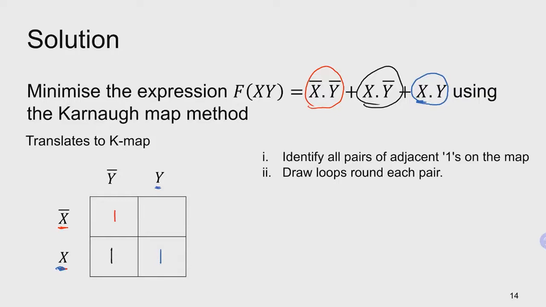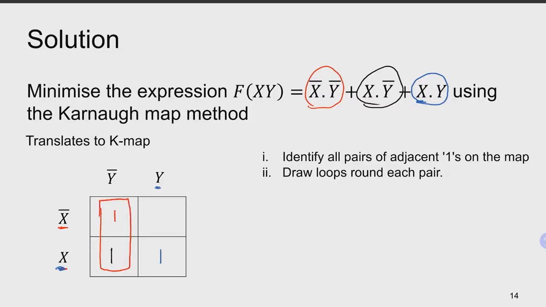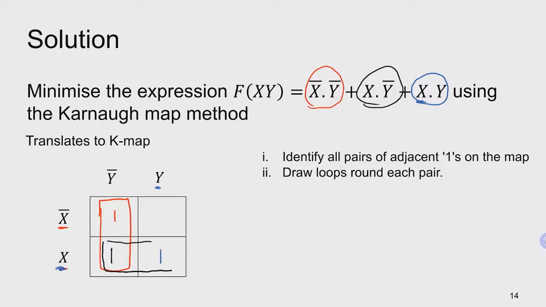So vertically, here we have a pair of ones, so we can draw one loop, and then horizontally we have another pair of ones, and draw another loop here.